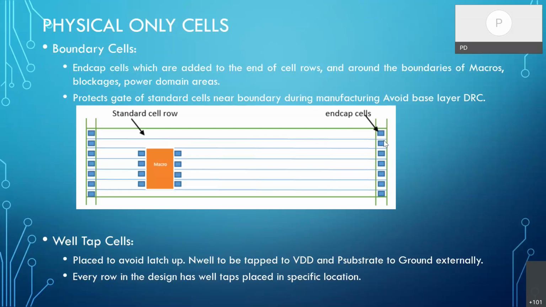Well tap cells. I think we studied about the latch-up problem in CMOS, right? CMOS internally forms parasitic NPN and PNP transistors, which interact with each other and form a low impedance path, so that the power rail and the ground tend to short.